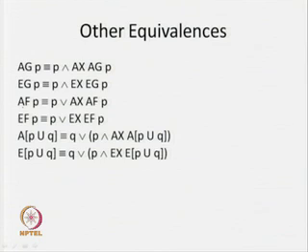Okay. And A F p is equivalent to p or A X A F p, E F p is equivalent to p or E X E F p, and A p until q is equivalent to q or p and A X A p until q, E p until q is equivalent to q, or p and E X E p until q.